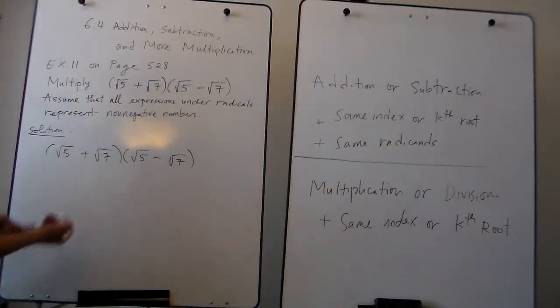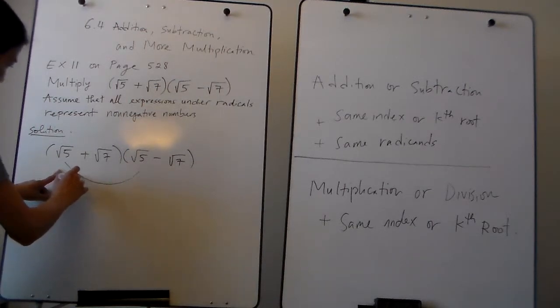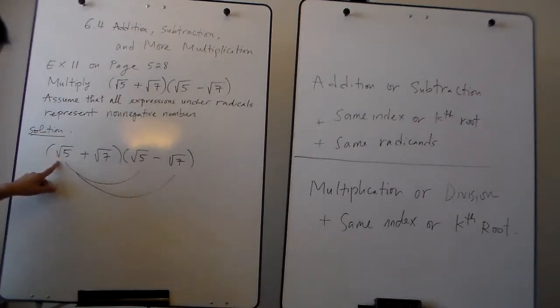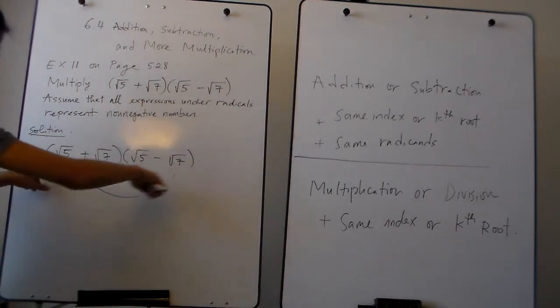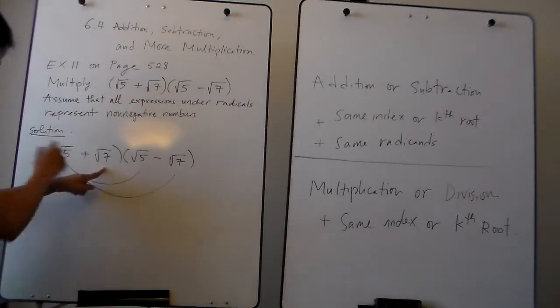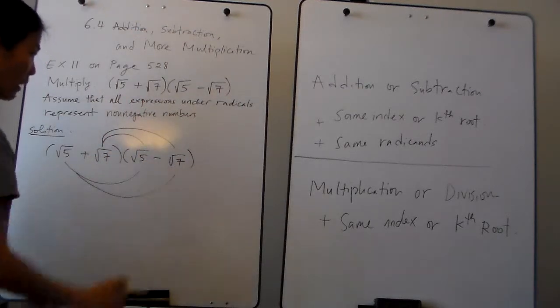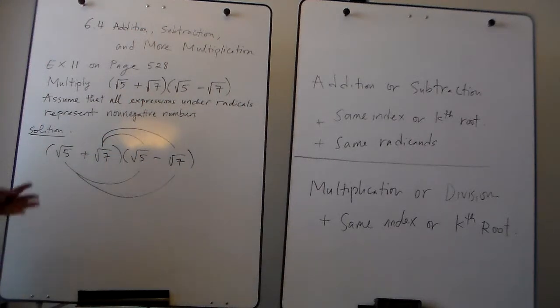Now, the tendency when you see this is to take the first term of the first factor and multiply it by the two terms inside the second factor, and then take the second term in the first factor and multiply it by both terms inside the second factor, using the FOIL method, which is correct.